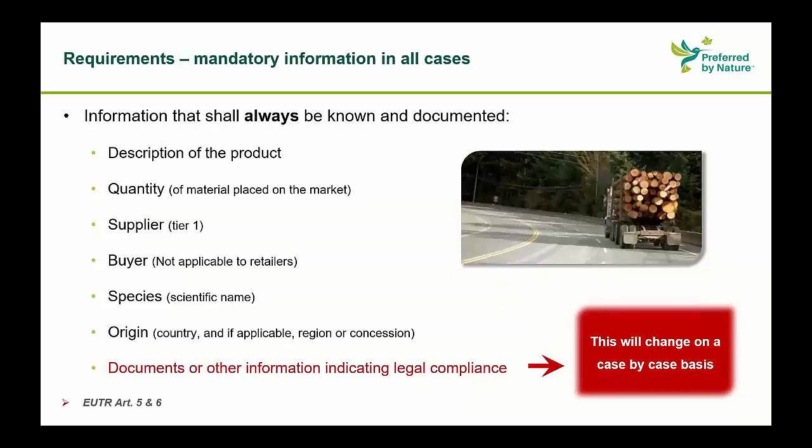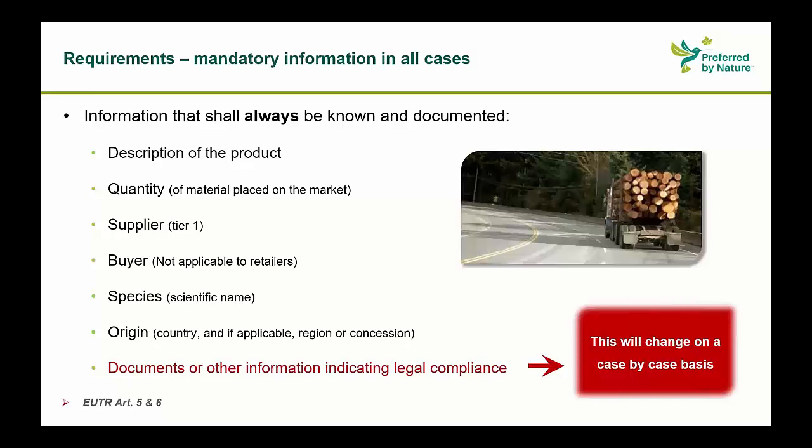So the first few bullet points, they're relatively easy for any business to collect. They're usually things that a company will have data on regardless of the regulation, right? So the description of the product that is placed on the market, the quantity of material that is placed on the market, the identity of the direct supplier, so tier 1 supplier, and the identity of the buyers, unless they are final consumers, right?